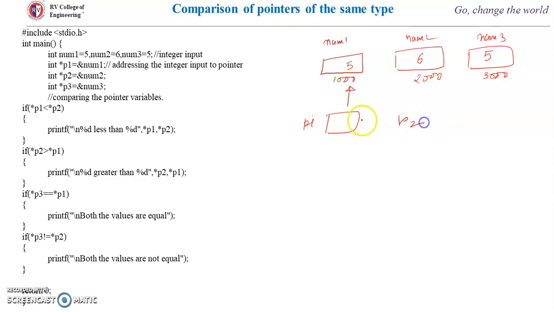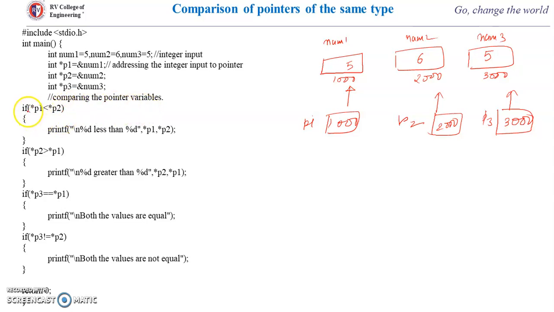Similarly, p2 is pointing to num2 and p3 is pointing to num3. So p1 has the address of num1, p2 has the address of num2 and p3 has the address of num3. And then we are comparing the pointer variables.